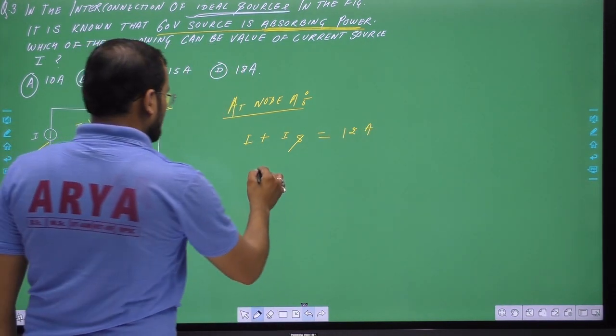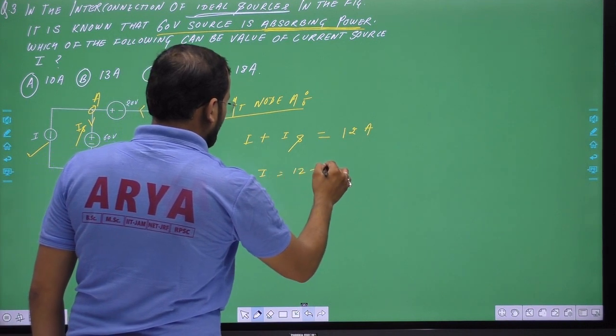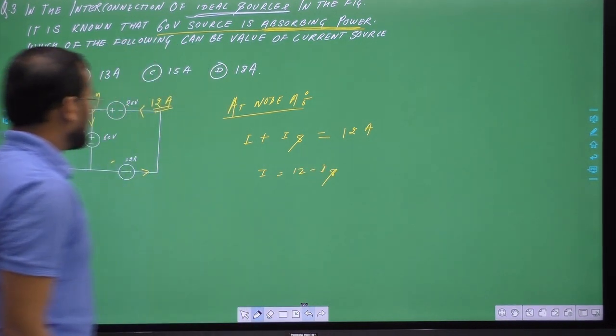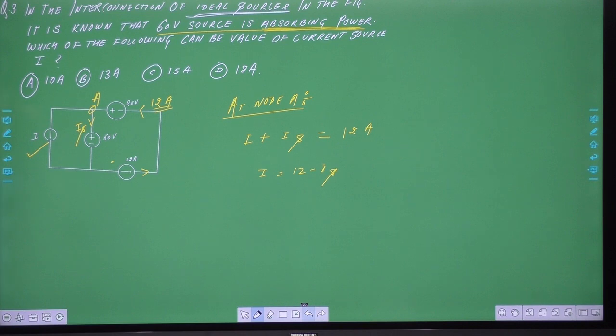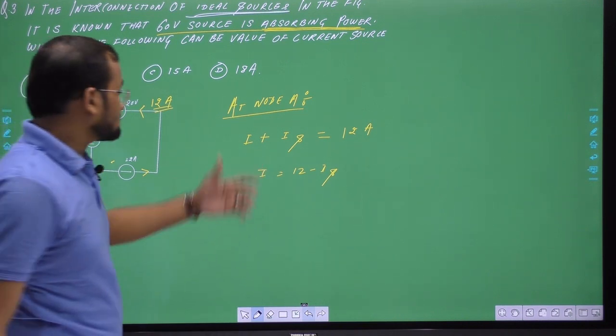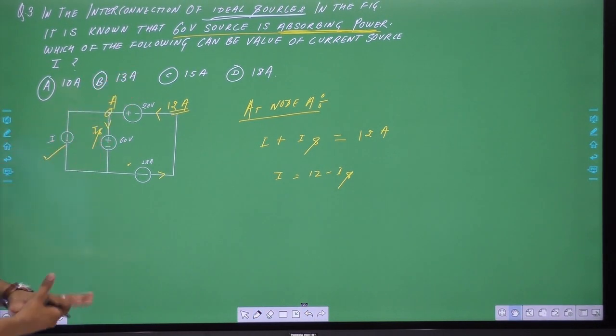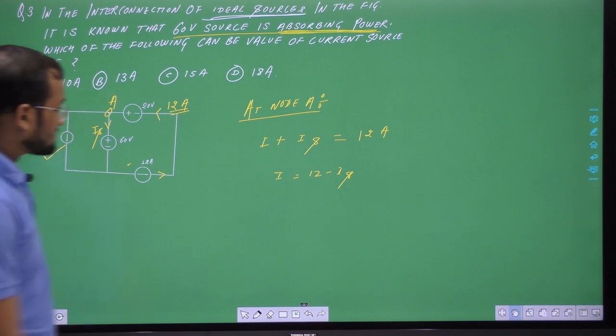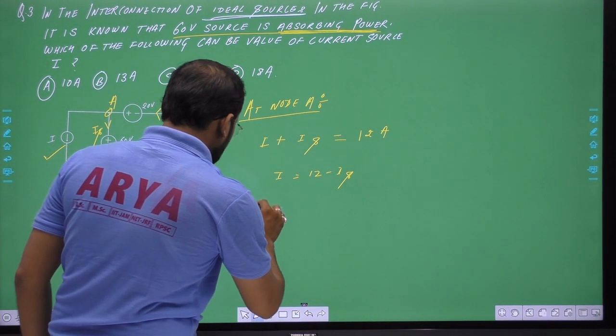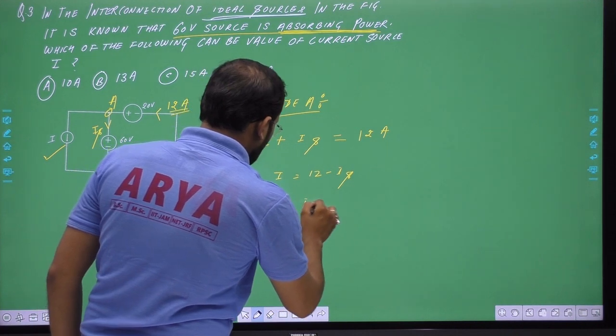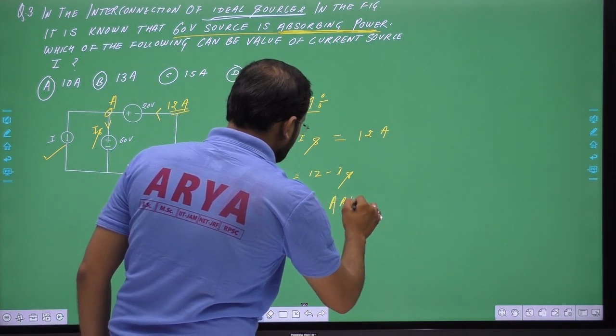Then I must be equal to 12 minus IS. What is the logic here? He asked for the value of the current source I, and as we know, both I and IS are positive currents.